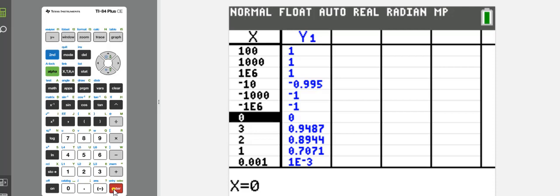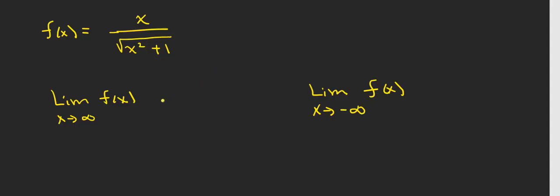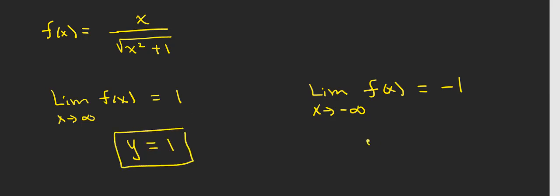So as you can see from the table as well, as x approaches infinity, the limit is approaching 1, and as x approaches negative infinity, the limit is approaching negative 1. So that means we have two horizontal asymptotes, which are y equals 1 and y equals negative 1.